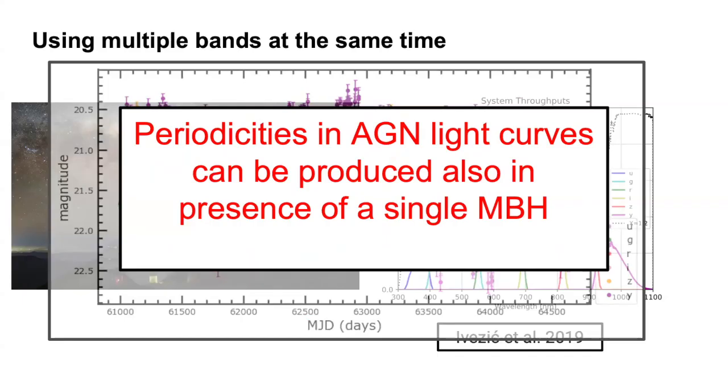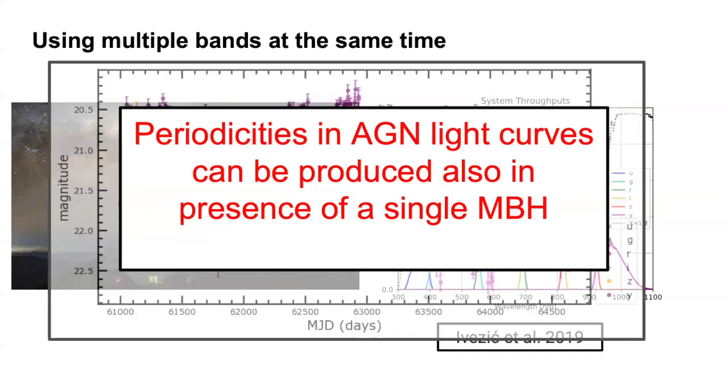I said this before, and the main point is that, to be sure we are effectively looking at a binary, we cannot be happy just with a detection of a periodicity in the photometric light curve.